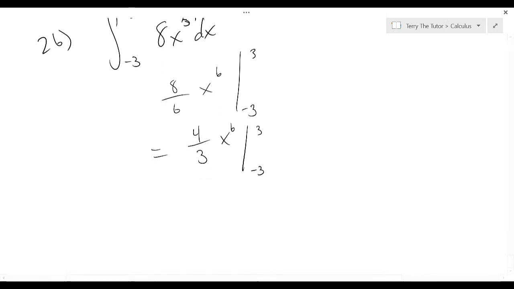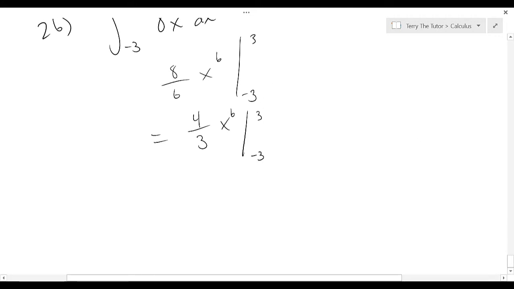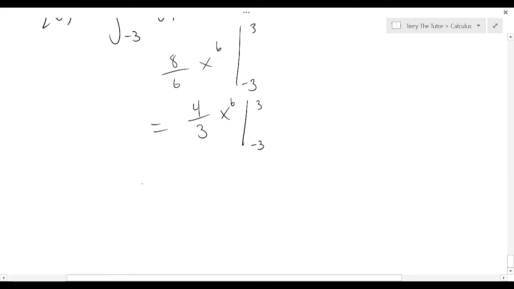But let's keep going and see what we get. I'm going to plug in a 3, and I wind up with 4 over 3 times 3 to the 6th, minus 4 over 3 times -3 to the 6th.